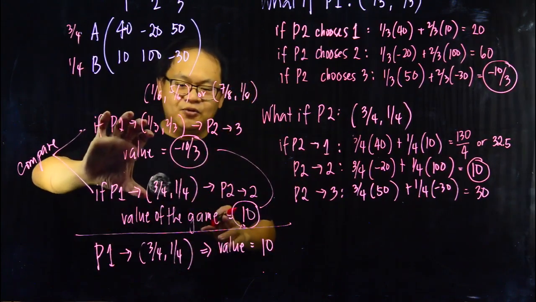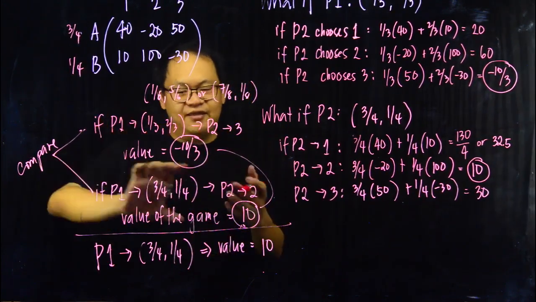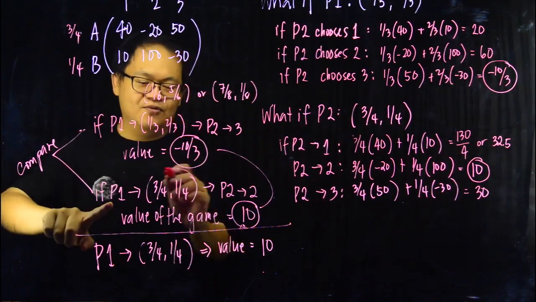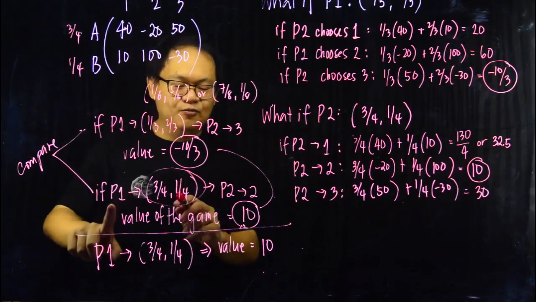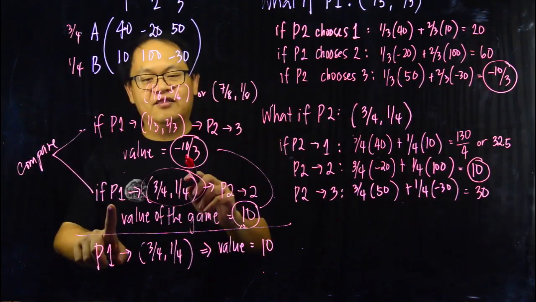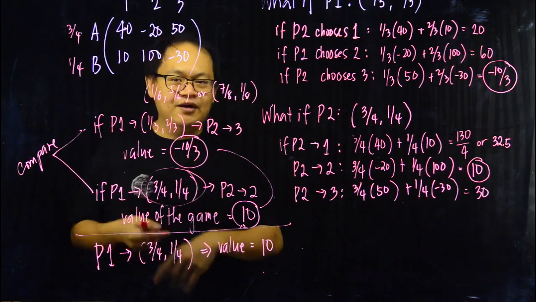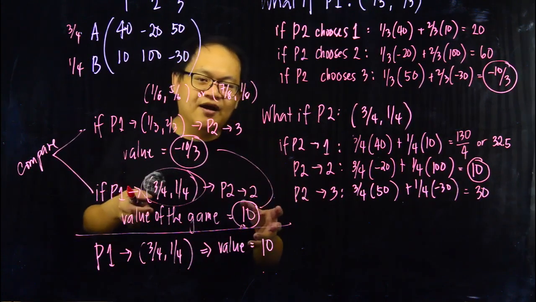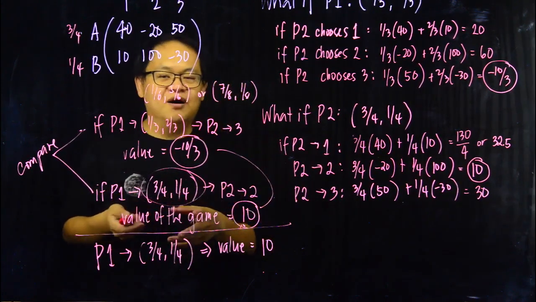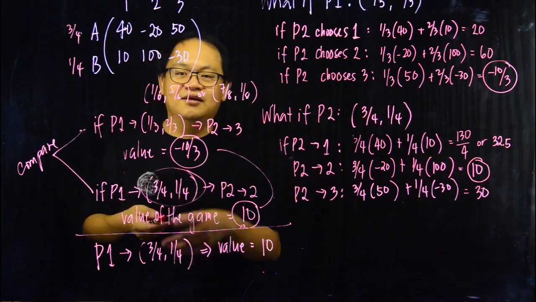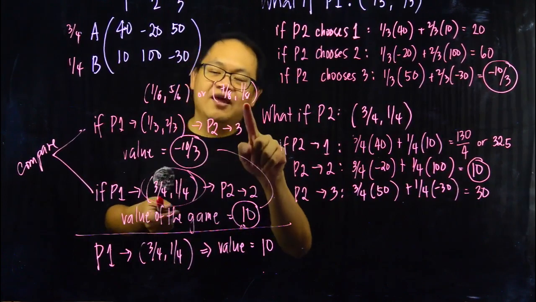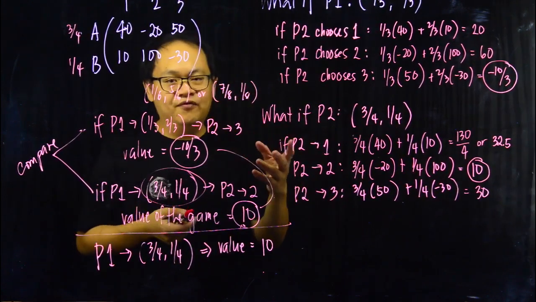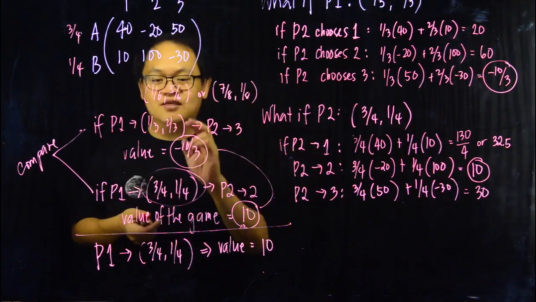If these are the only two possible decisions, then player 1 will choose 3/4, 1/4. Why? Because player 1 would rather win 10 than lose negative 10 thirds. But remember, in this case, player 1 in fact has infinitely many possible solutions. One other possible solution is 1/6, 5/6, 7/8, 1/8, or some other pair of probabilities, as long as the sum is equal to 1.